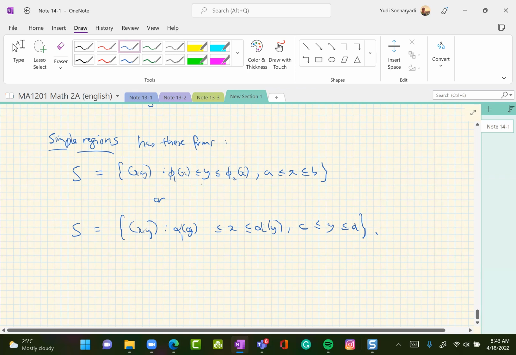And the other variable is bounded by two functions. Here y is bounded below by the function phi1 and above by the function phi2. Here x is bounded by alpha1 and alpha2.